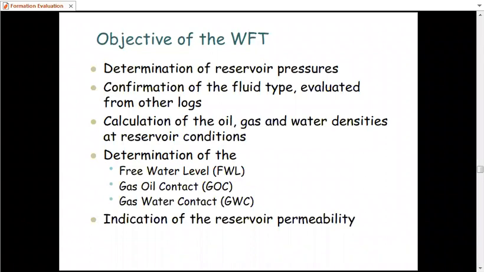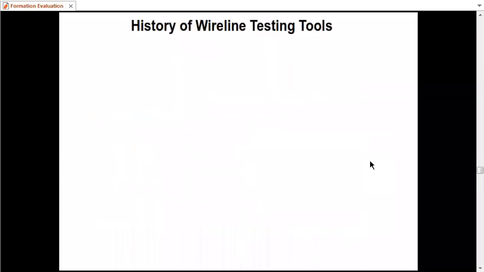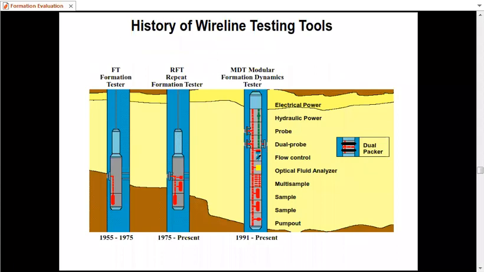And also one of the main objectives of formation testing and reservoir pressure evaluation is to determine the reservoir permeability and mobility. This is a very important application and benefit coming from formation testing and formation sampling.